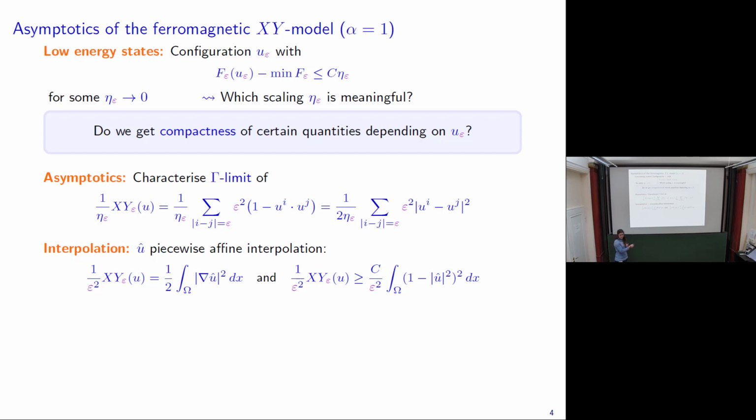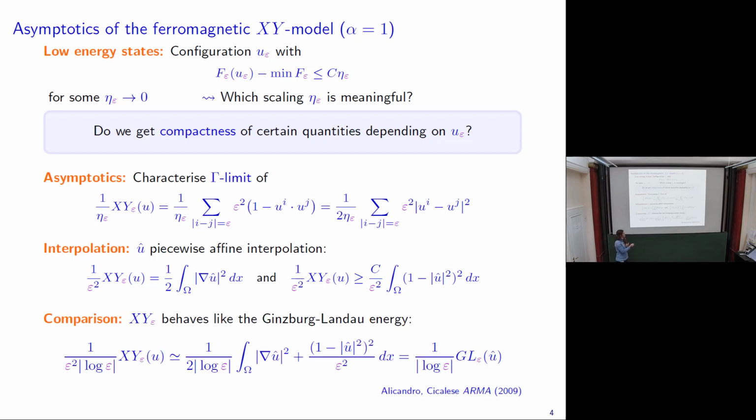unit vector. So now if you see those two terms, well, we have already seen the Ginzburg-Landau energy a couple of times during this talk, so if you sum those terms up, you get the Ginzburg-Landau energy. And this was an observation already made in 2009. I already put a certain rescaling here.